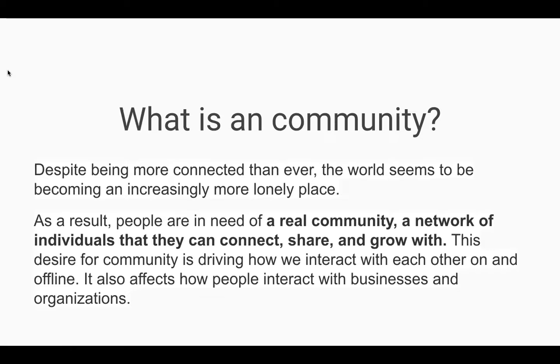And I think this is mostly due to people wanting to feel like they belong somewhere, or find people that they can connect with and grow with. So it's interesting because you'll start to see a bunch of communities focus around certain hobbies and certain interest groups. And I think communities exist everywhere.